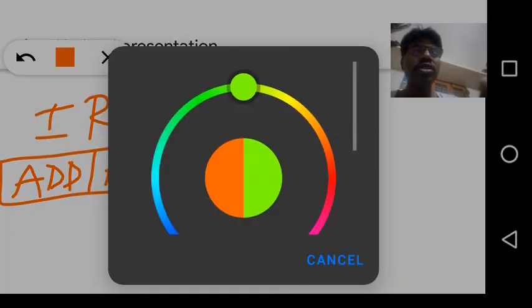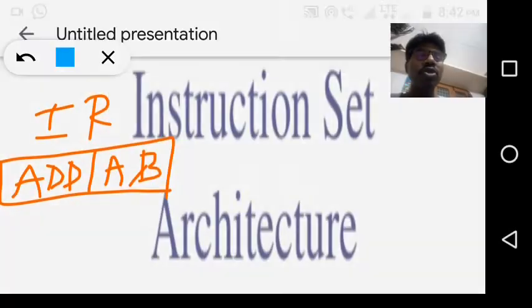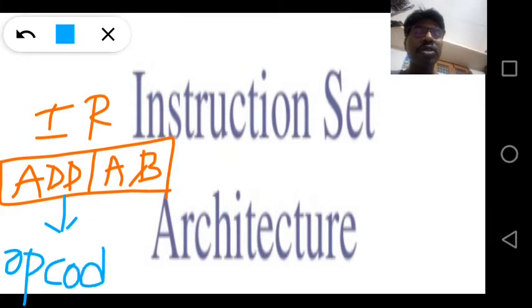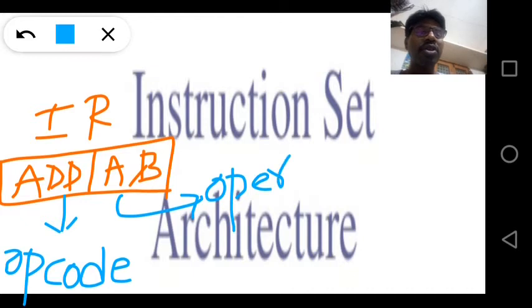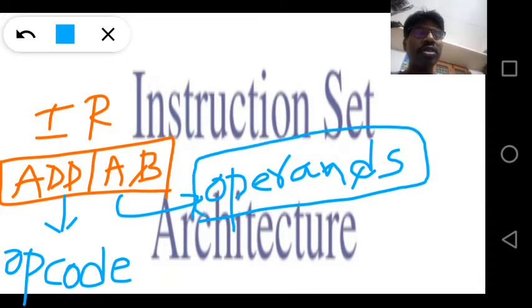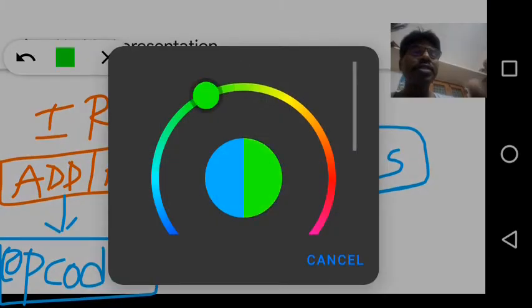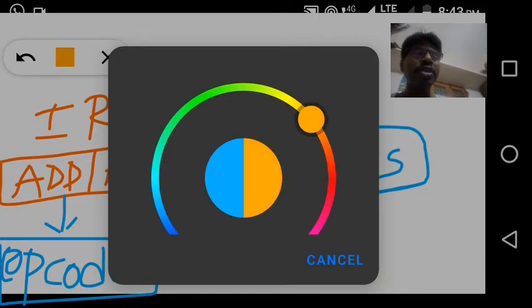This is called opcode, and these are called operands. So what happens? These operands play an important role.